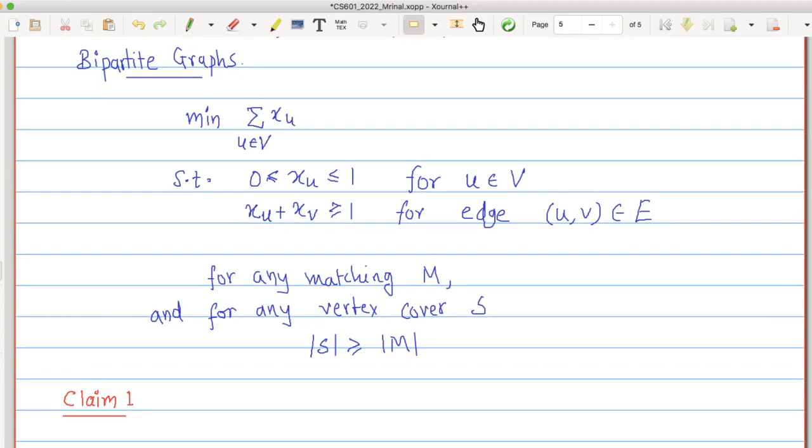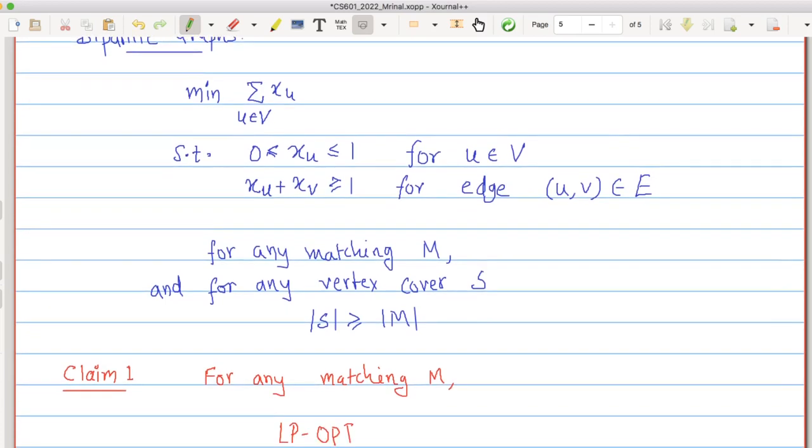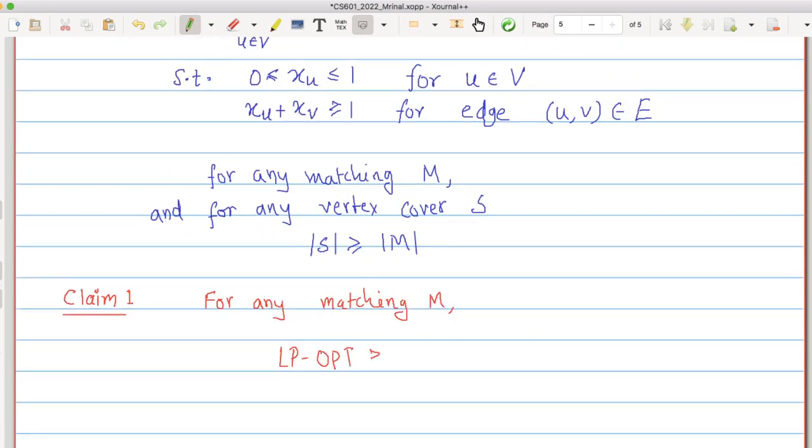So the claim is as follows: for any matching M, the LP optimal value for this LP is at least the size of the matching, right? So that's what we are going to prove first.